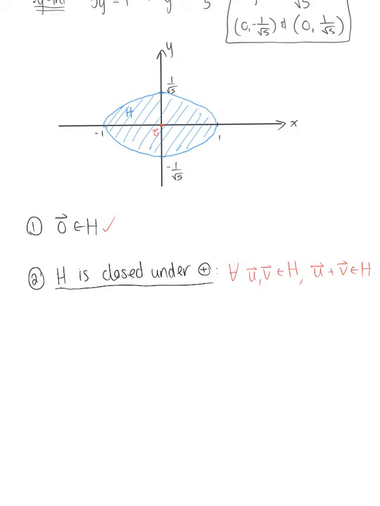So let's think about this geometrically first to prove to ourselves that this is not closed under addition, and then we'll use our geometric interpretation to find specific examples. So here's vector u, here's vector v. We can see both u and v definitely live in H, no problem.